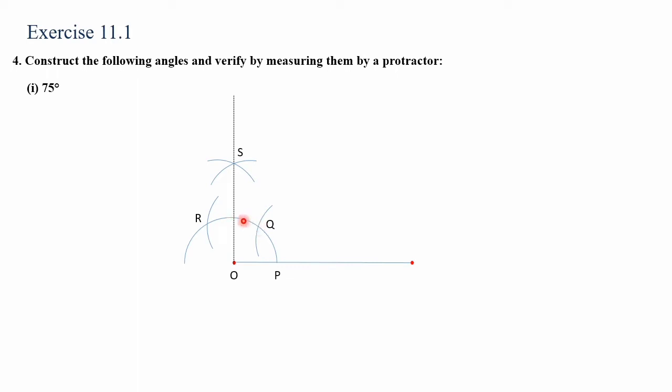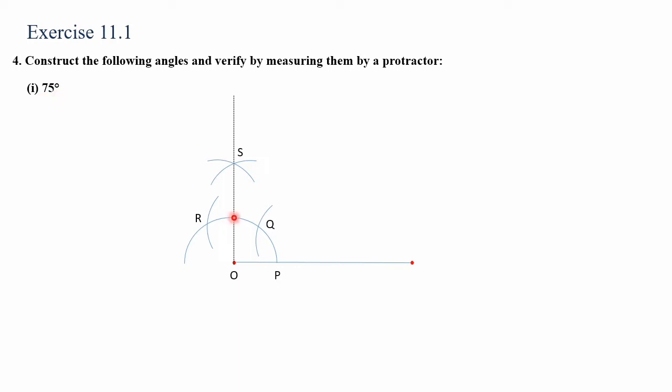Between these two angles we have 30 degrees, and if you bisect 30 degrees, we will get 15 degrees each. So we have to bisect between 60 and 90, so one part we will get 15. And if you add 60 with that 15, we will get 75. That means 60 plus 15 is 75.